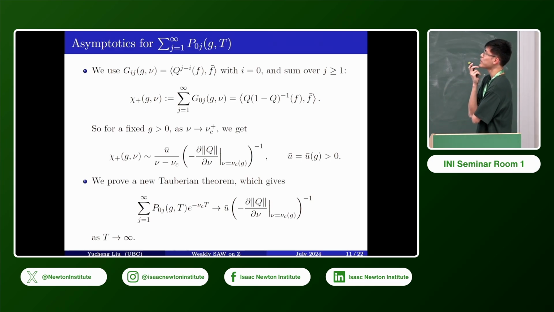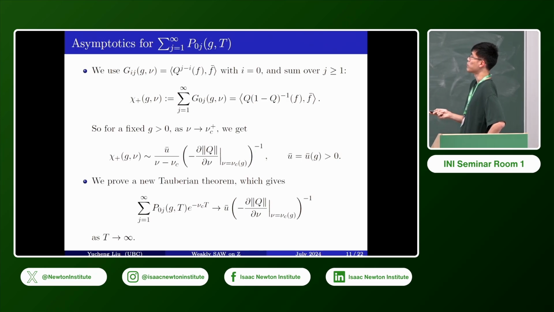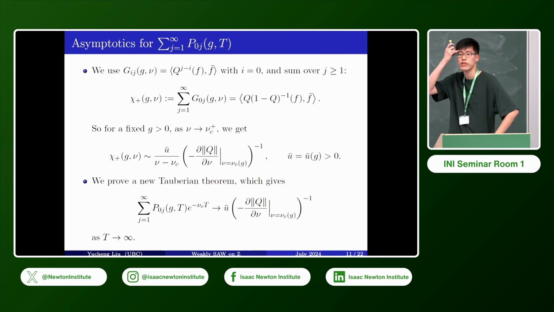And using our Tauberian theorem, we can lift this back to the t space as t goes to infinity. I can look at my sum of p_0j's weighted by e to the minus nu_c t. This is going to converge to the same constant here. This is a classical Tauberian type theorem.